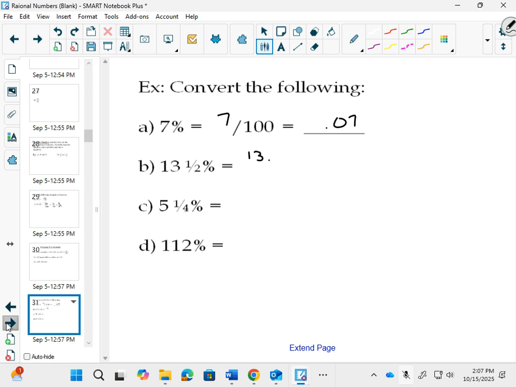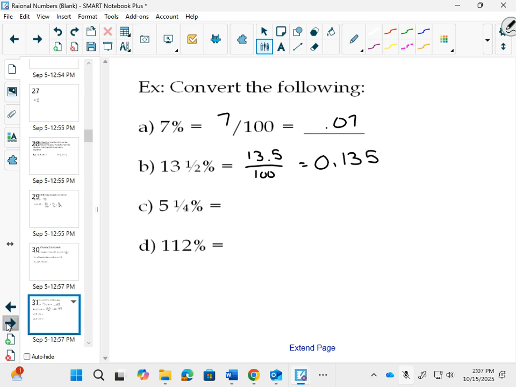13.5% would be 13.5 out of 100, 0.135 as a decimal. Five and a quarter percent. These kinds of things like 5.25% start to come up when you get older, when you have to borrow money from the bank, and then they give you interest rates like the interest rate is 5.25%.